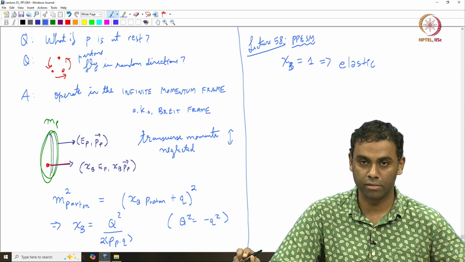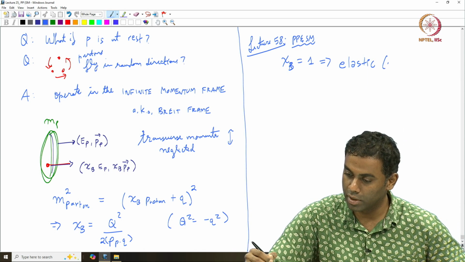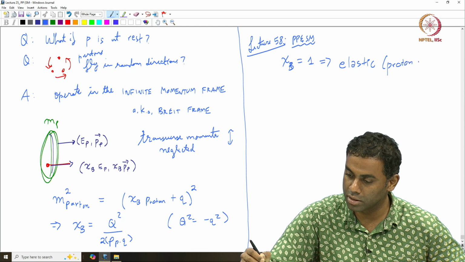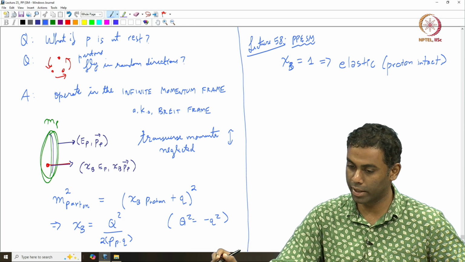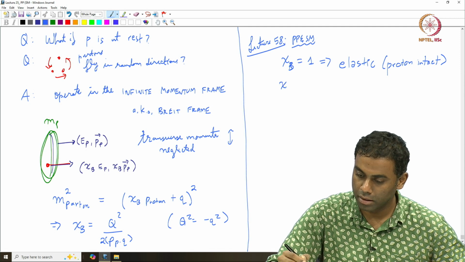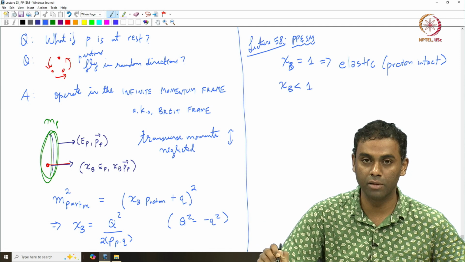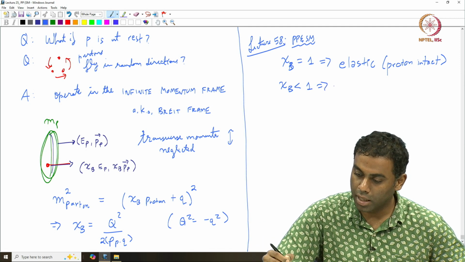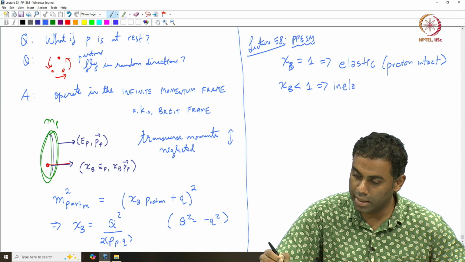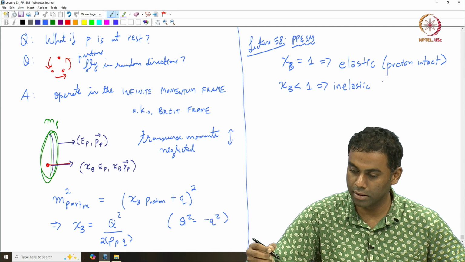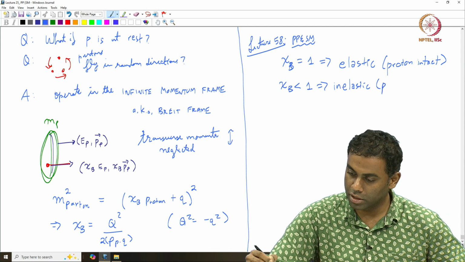You did not break anything here, right. So elastic scattering and the proton is intact, okay. But in general xb will be less than 1, and that corresponds to inelastic scattering, because now the proton is broken, okay.